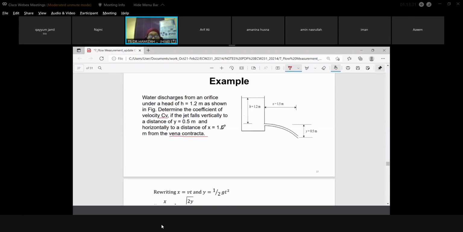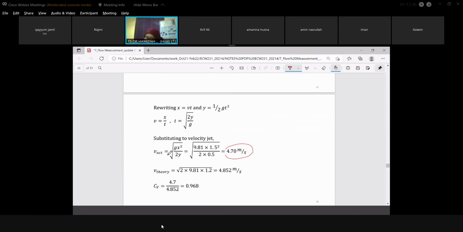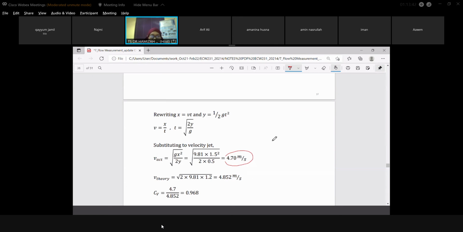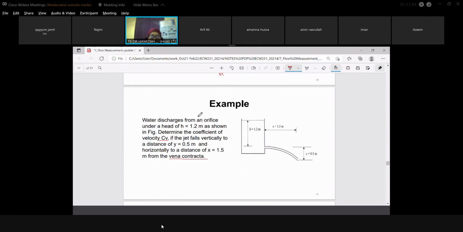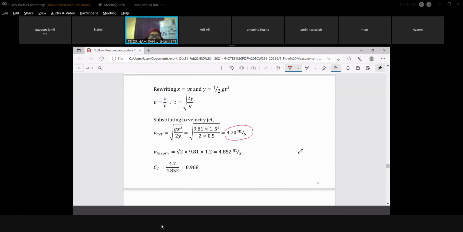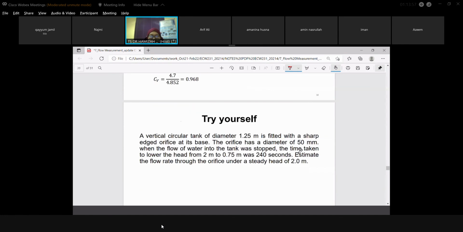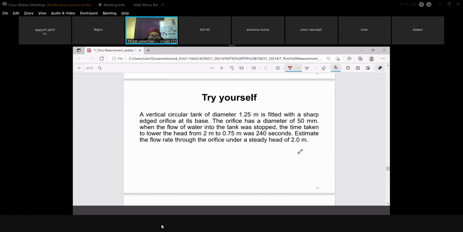We directly use this formula to find V actual, because we can't find the pressure, since pressure is not given at all here. We follow the suitability of the information given in the question, so we choose the appropriate formula. Okay, another one to try yourself.